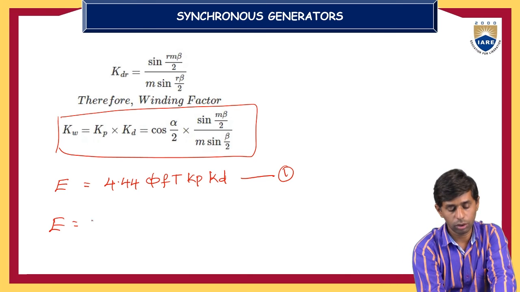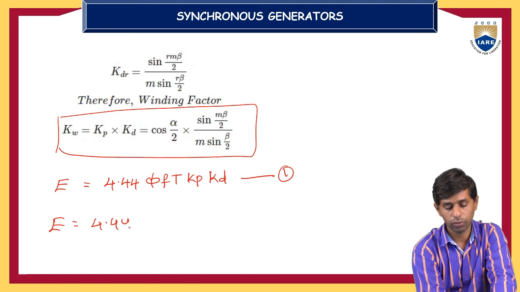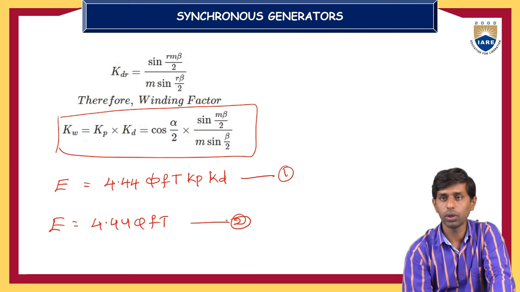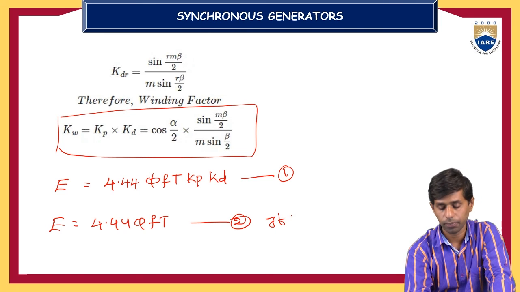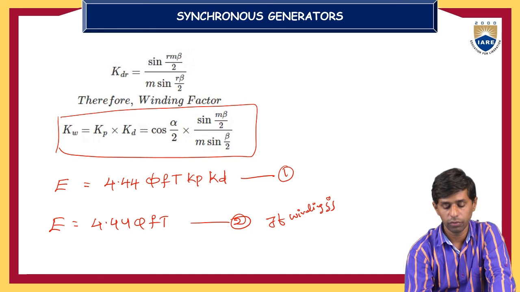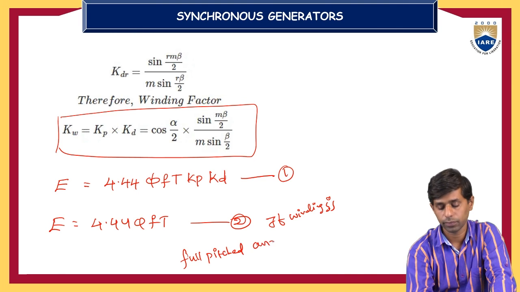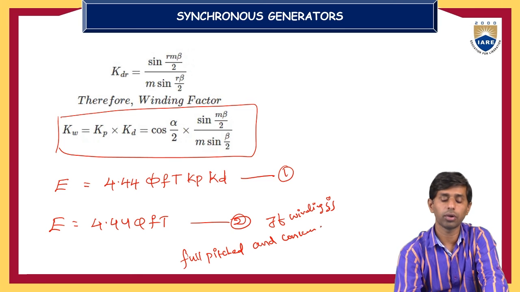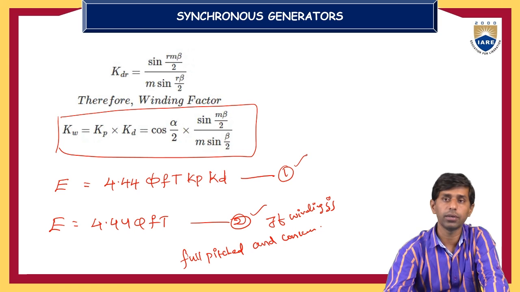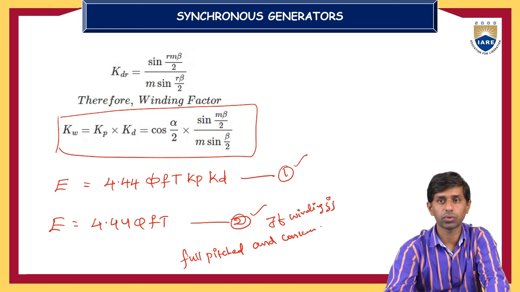Expression two, E is equal to 4.44 times pi into F into T, is valid only if the winding is full pitched and concentrated. If the winding is full pitched and concentrated, then only equation number 2 is valid, and equation number 1 is valid for any type of winding structure.